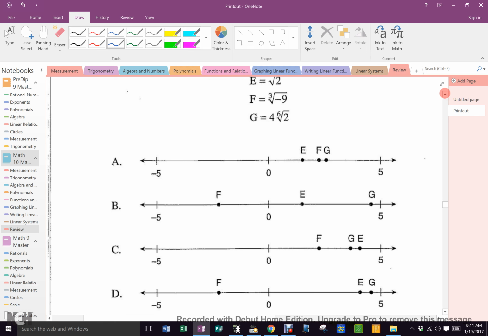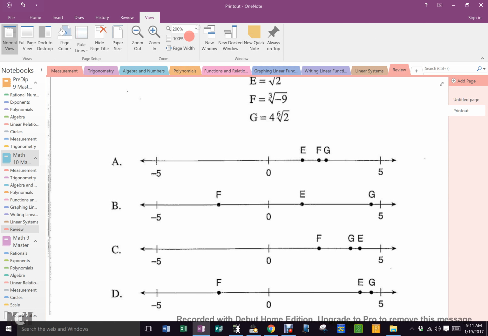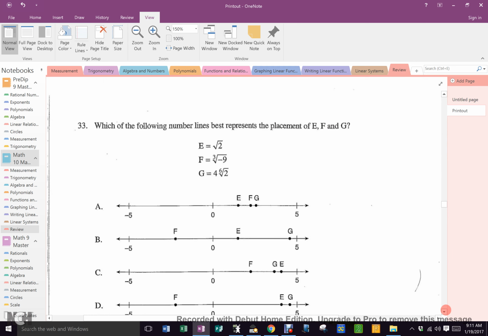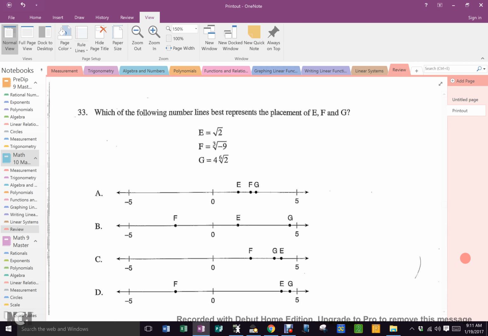How about that? Can you do these? So I need to have them on a number line. Why?